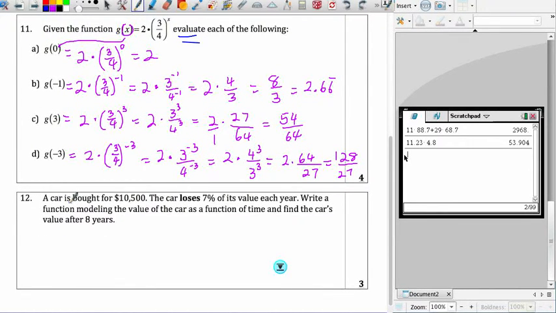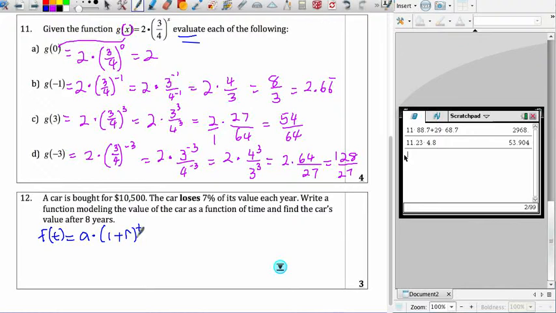You will be given the formula for exponential growth and decay, which looks like this. f of t is equal to a times 1 plus r to the power of t. a is the initial amount, r is the rate of interest, t is time in years, and of course this would become 1 minus r if it was exponential decay.